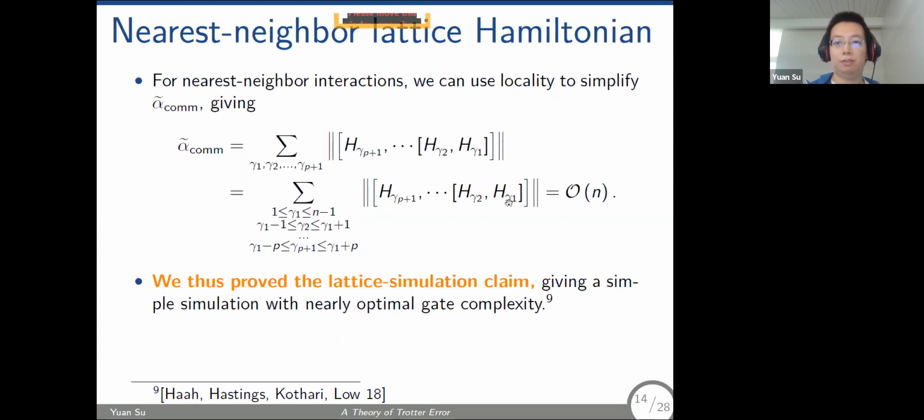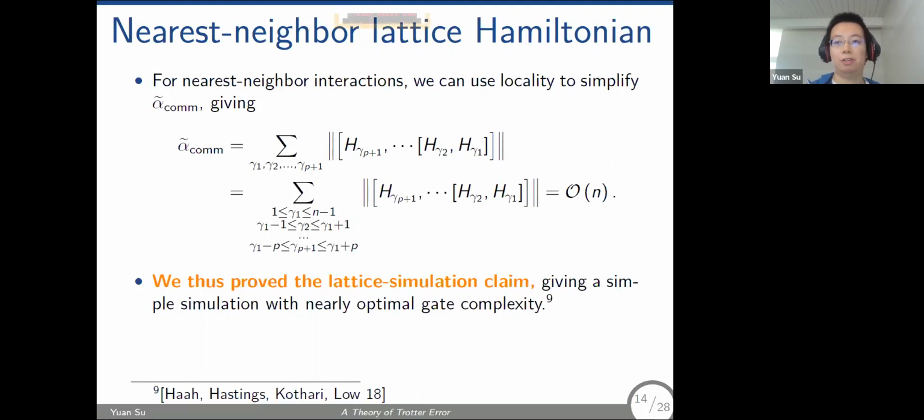But in any case, if you fix one particular choice and you ask how many terms don't commute with this one, there are only a constant number of them because you have nearest neighbor interactions. You can ask the same question: how many terms of this H gamma 3 don't commute with the inner two operators? There are also a constant number of them.